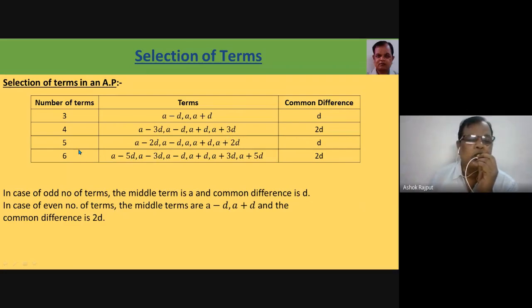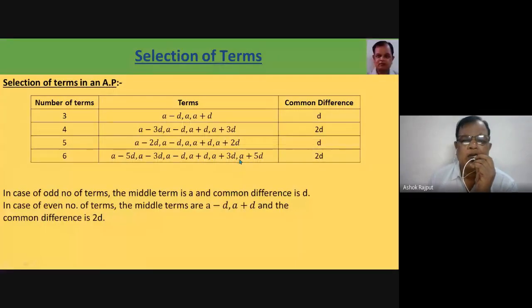If we want five terms, then a minus 2d, a minus d, a, a plus d, a plus 2d. And if we want six terms, then a minus 5d, a minus 3d, a minus d, a plus d, a plus 3d, and a plus 5d.